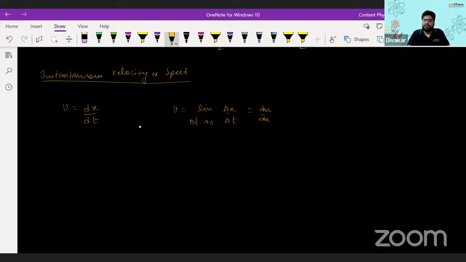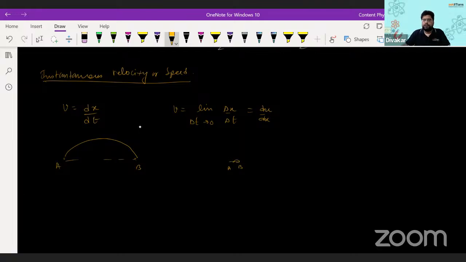Now understand there is some change here. If you're talking about average velocity, it may not always be the same as average speed. But if you take very small displacements, so for example, there is point A here and point B here, and you move like this, in this case your distance and your displacement are significantly different. But let's say you have point A here and very nearly point B here, and this is the curve.